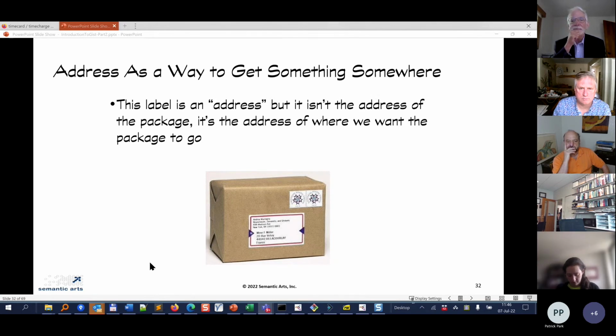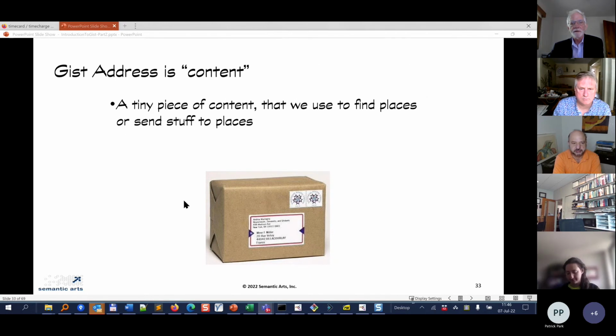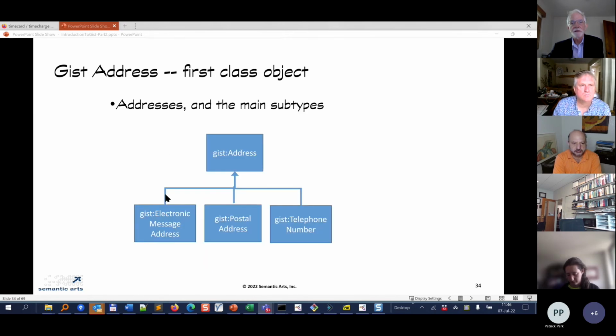So it's not even a place per se. It's on that ship, but that ship could be anywhere on the planet, except for the Sahara Desert. So for packages, sending things through the post, it just tells you how to get somewhere. It's a tiny little piece of content, so we can send stuff to people and organizations.